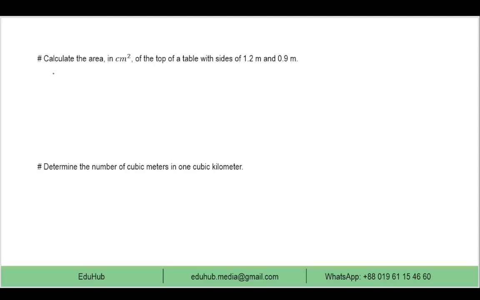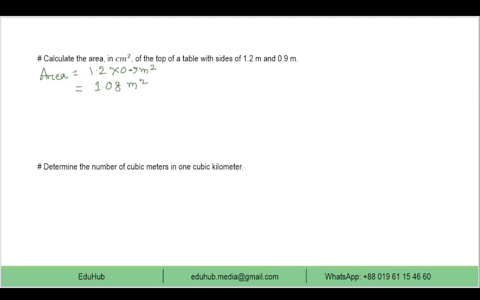So the area is 1.2 into 0.9 meter square. That means it is 1.08 meter square.